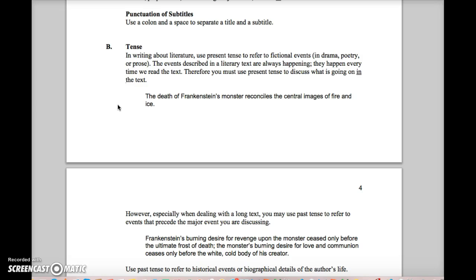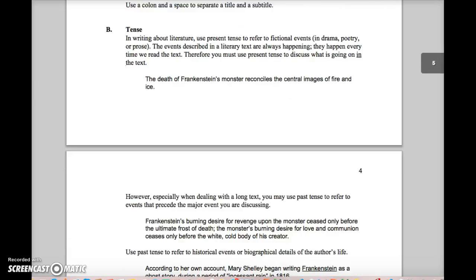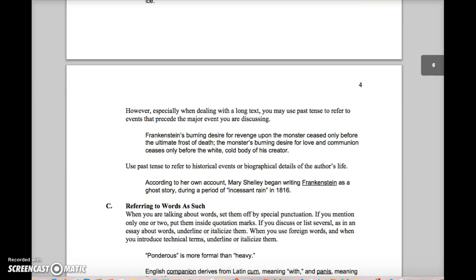This can be slightly confusing when the text that you're writing about is in past tense. However, you can alter the quote using square brackets if you need to change the tense, and alter the quotation to fit in your sentence and follow your sentence structure.